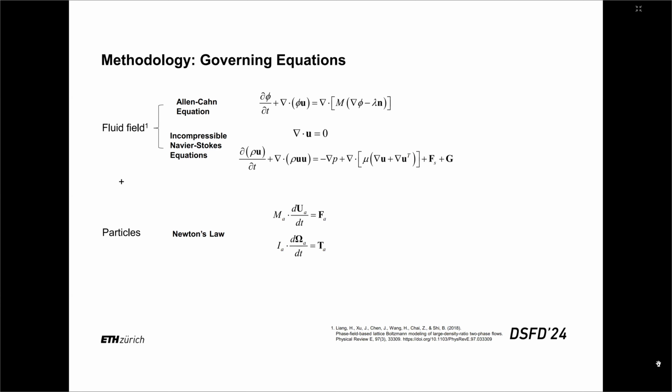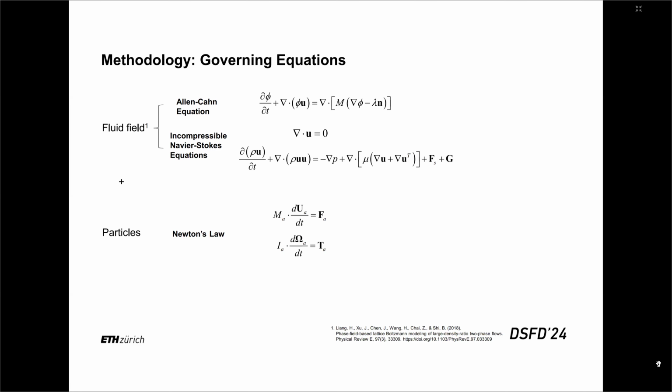The incompressible Navier-Stokes equations are used to simulate the velocity field and the pressure field. Fs is the surface tension force and G is gravity. These two forces are considered in our model.